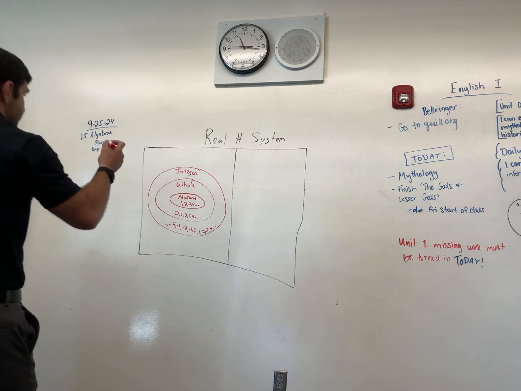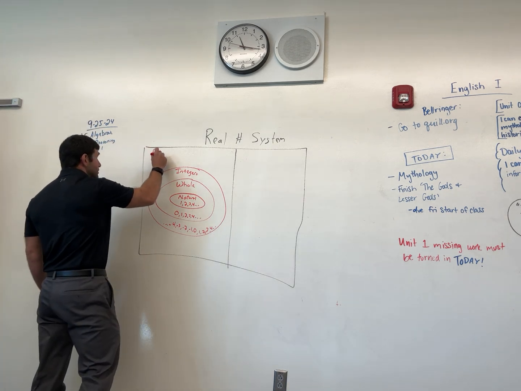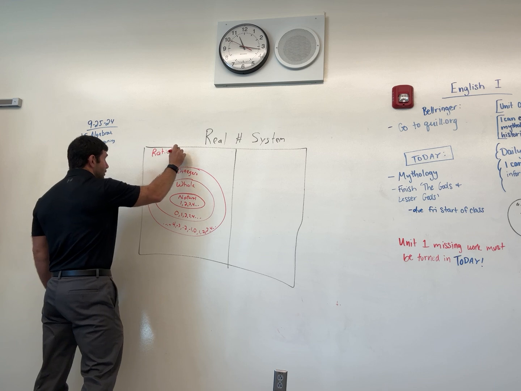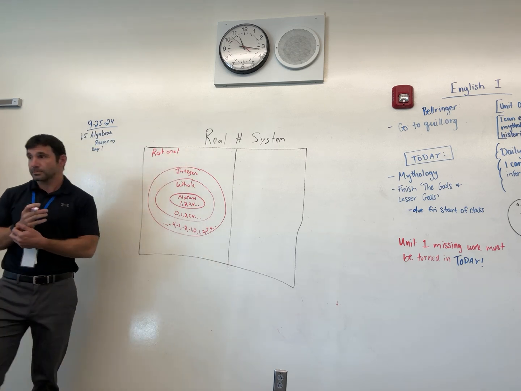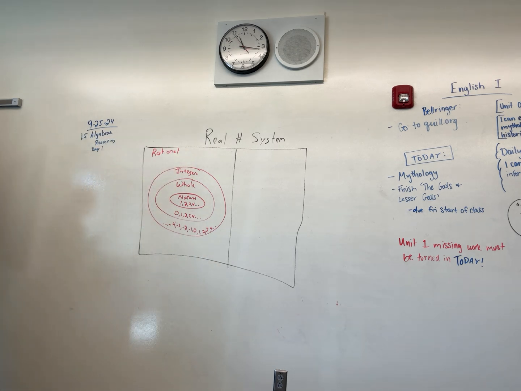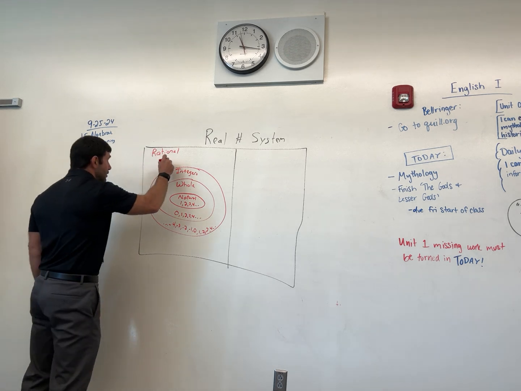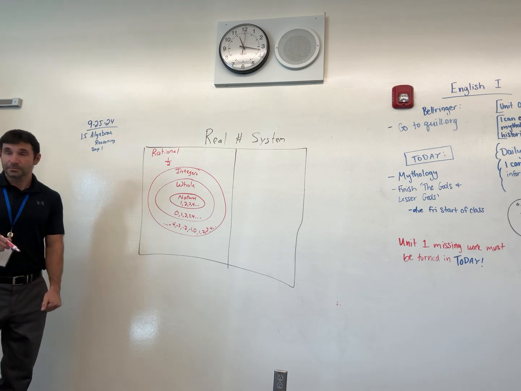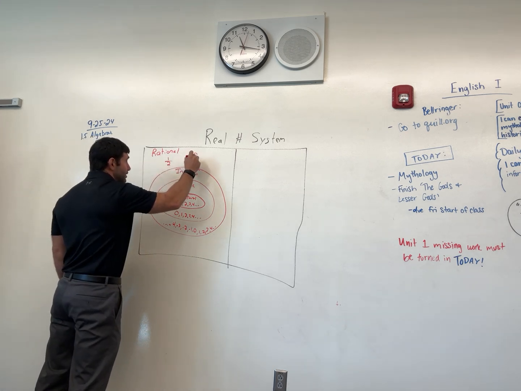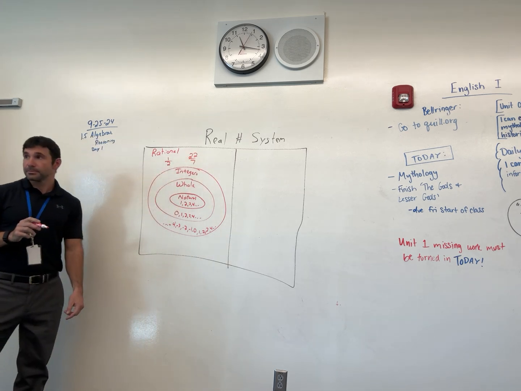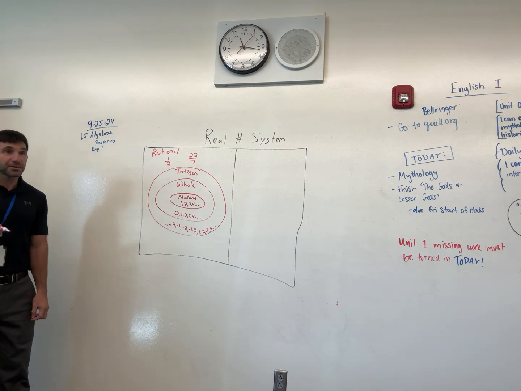Then in the rest of this box are what are called rational numbers. Rational numbers are any number that you can write as a fraction. 1/2. 22/7. What else?